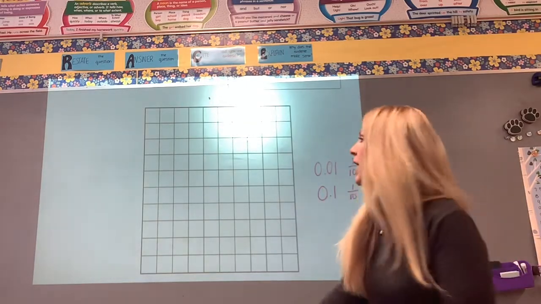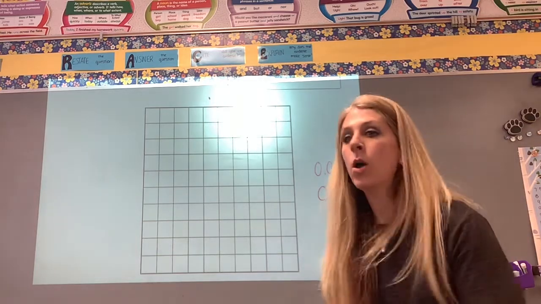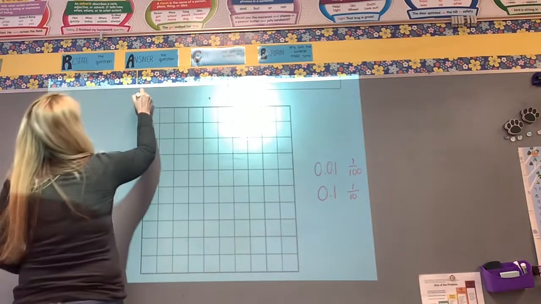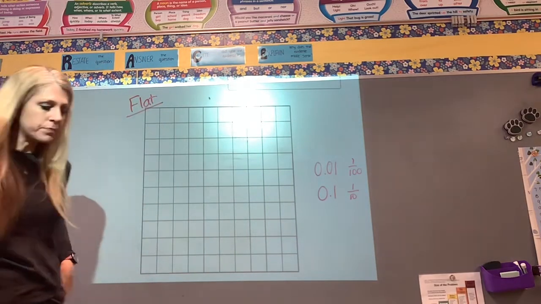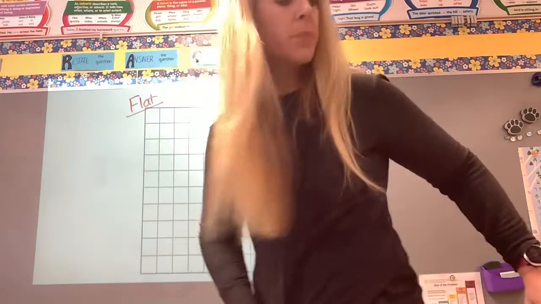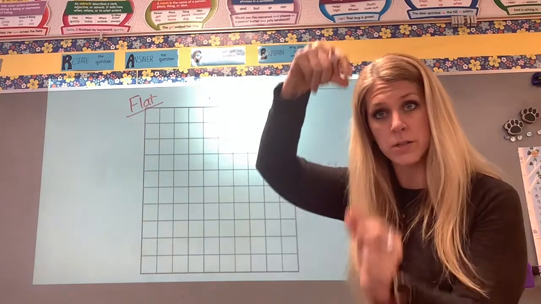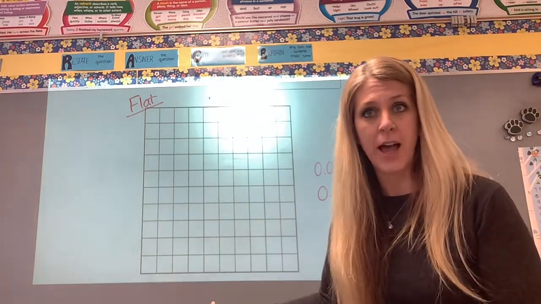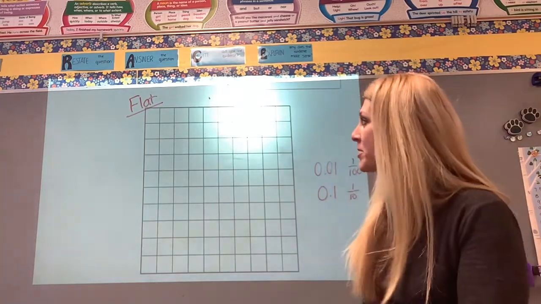Okay, so I have this picture here on the board for a reason. Hopefully you recognize this as a flat. When you first learned numbers, you called this a flat. And if you look at this and you think about tenths as longs, the long skinny piece, how many longs would it take to make a flat? You learned that when you were younger, that there were 10.